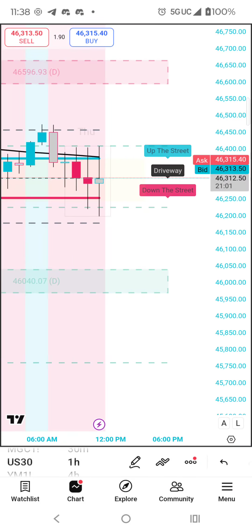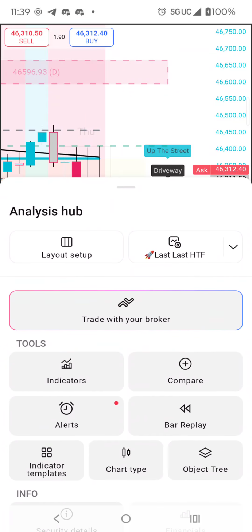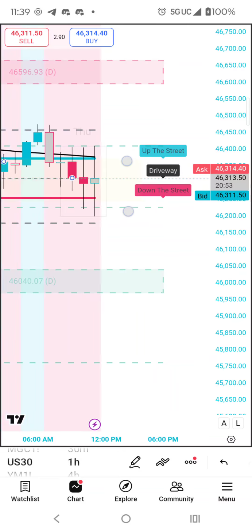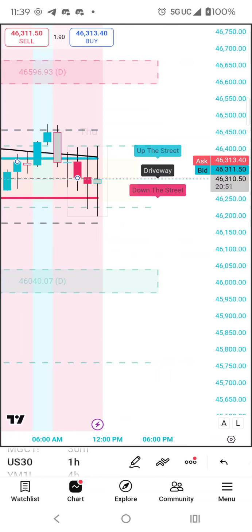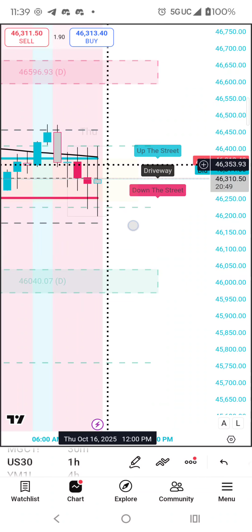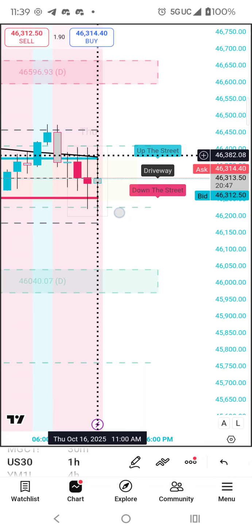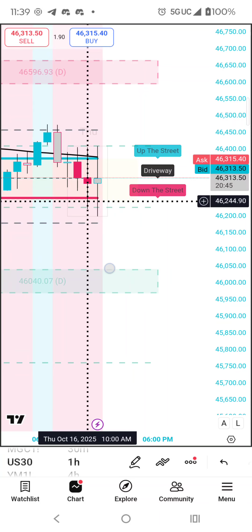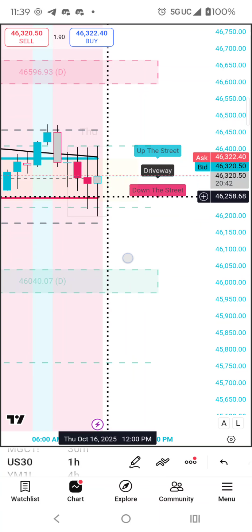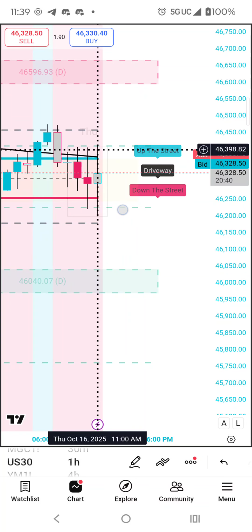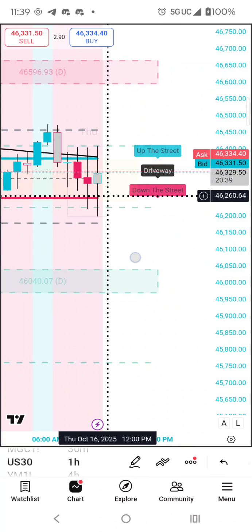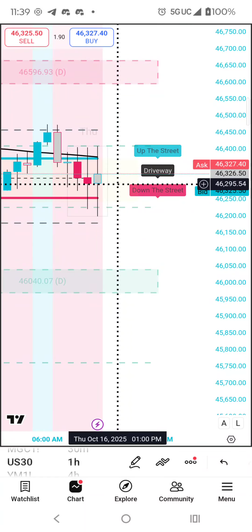Because we're dealing around the 200, that's why it's looking like that. Let's be more clear. It's really staying in between these two, up the street and down the street. Basically went up the street 1, 2, 3 times, and then down the street 1, 2 times. Not very far. Then it tapped these take profit levels and then just came back inside. So we're in a chop day.